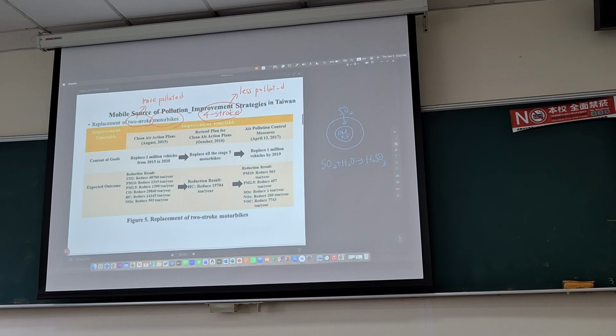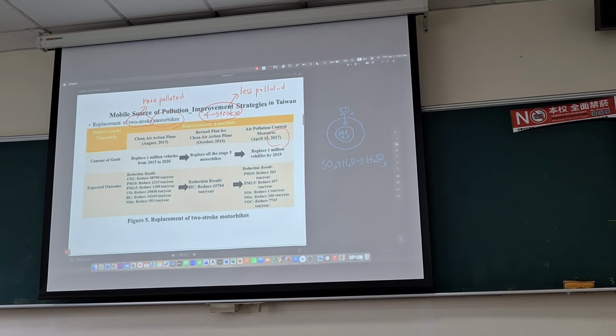Before those batteries, because we are talking about 8 years ago, the 2-stroke motorbike is highly polluting, and the 4-stroke is less polluting.